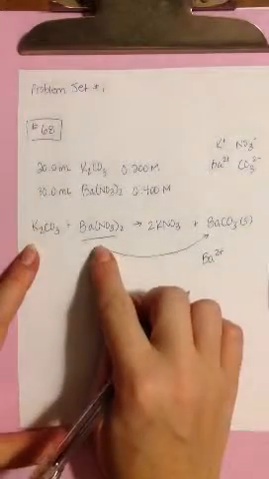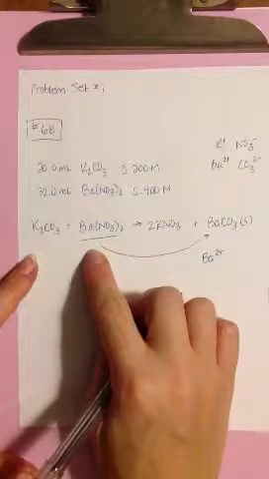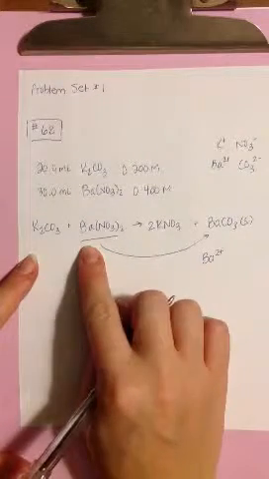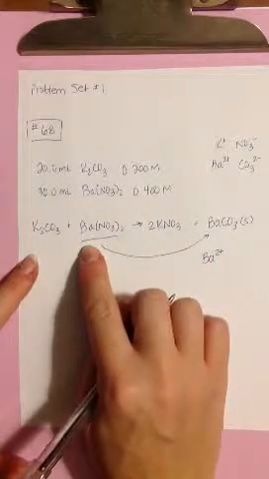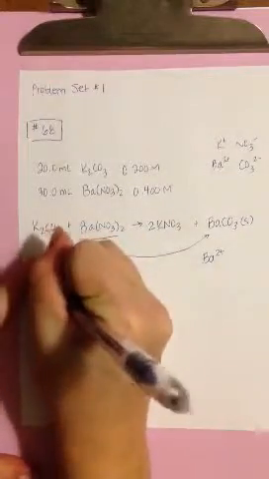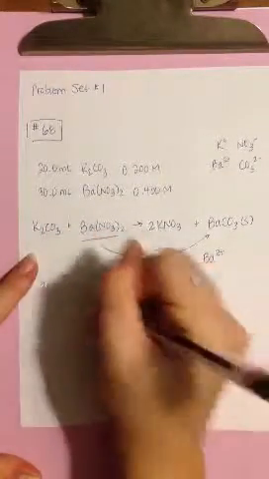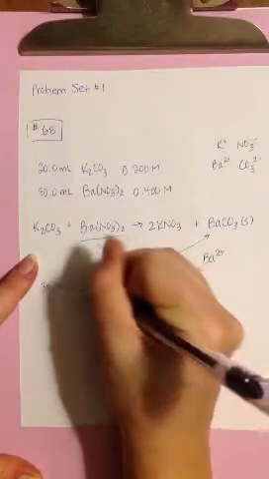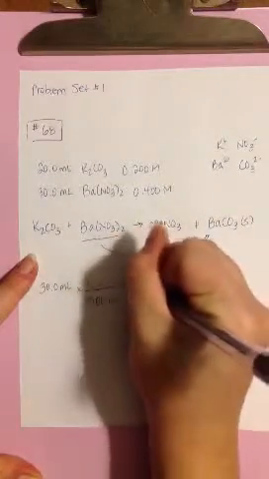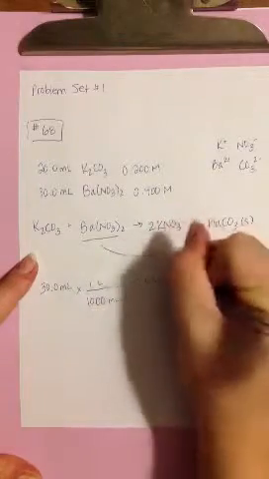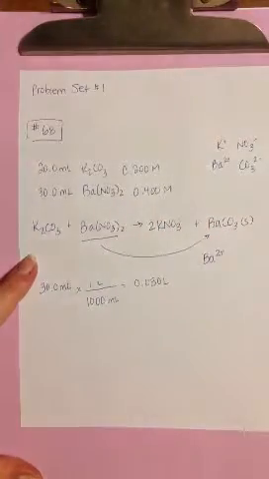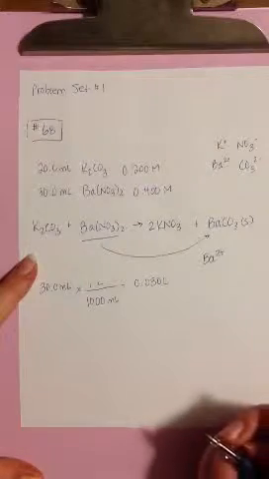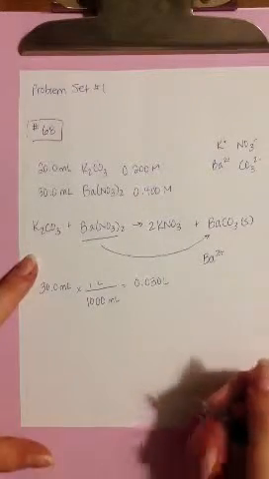First, I'm going to figure out how much barium nitrate I start with, because that will tell me how much barium I start with. If I have 30 milliliters, I know that there's 1,000 milliliters in 1 liter, so that would be 0.030 liters, and I have 0.4 molar.